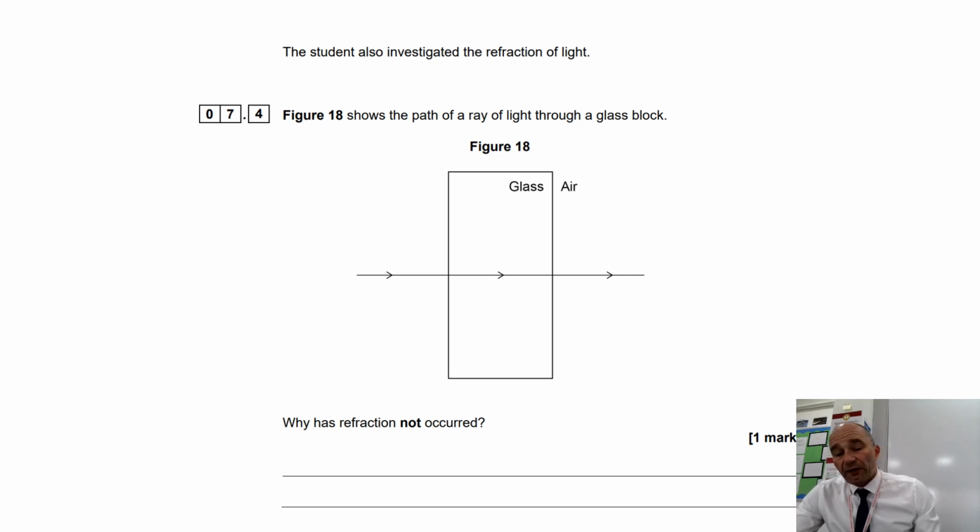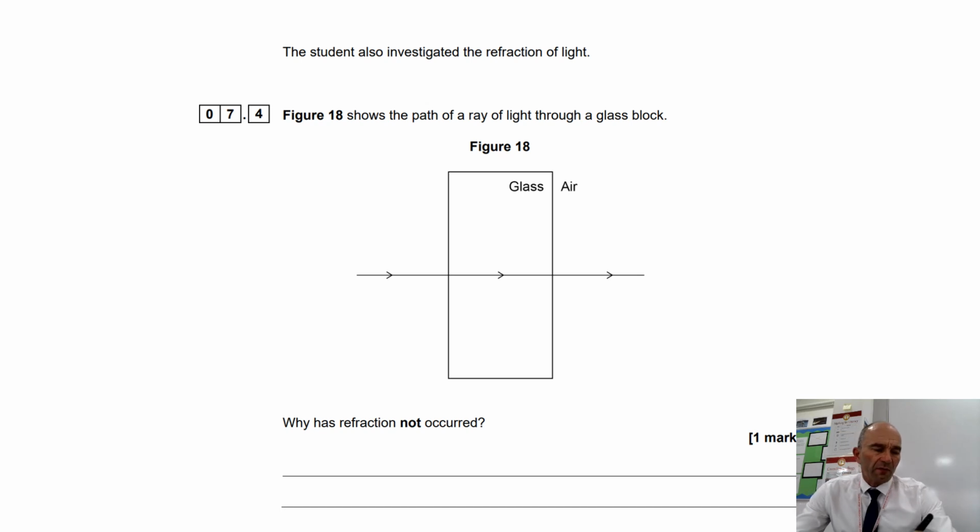Now, the student also investigated the refraction of light. So that's where light bends, will turn as it hits another medium. Now, figure 18 shows the path of a ray of light through a glass block. So why has refraction not occurred?